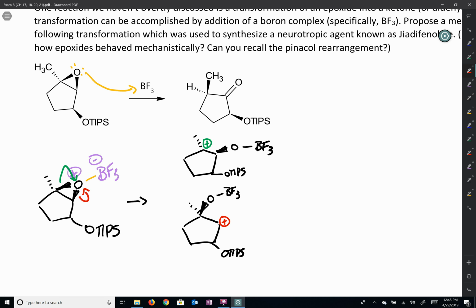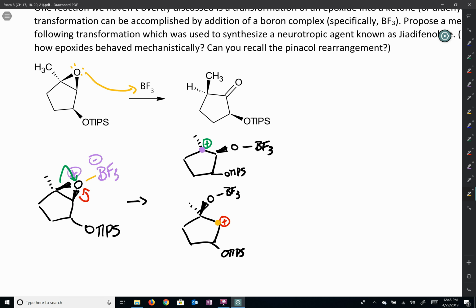So follow your arrows. If I follow the green pathway versus the red pathway, one of those is better than the other. And the question should be, well, which one is it? Hopefully at this point in our organic careers, we can identify that purple carbon there as tertiary, and the yellow one is secondary. So which one's going to be better?